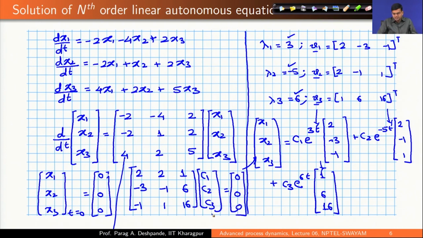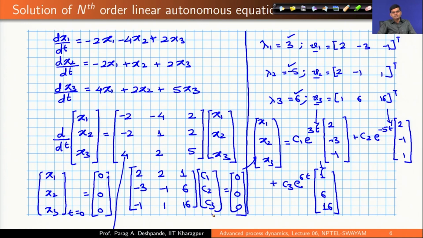This is a simple matrix equation which corresponds to a set of coupled linear equations, and you need to solve it for C1, C2, C3.